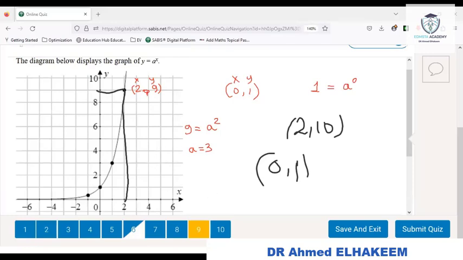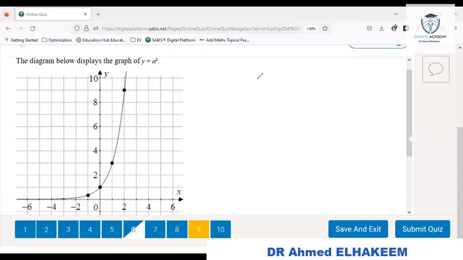It's really easy. I want to teach you something. If anytime you have something power x equal to, for example, here 9, and here 2, and I want to know what A is, there is something called log.